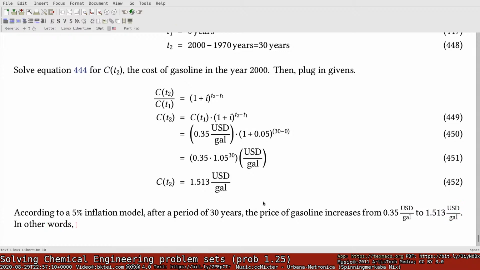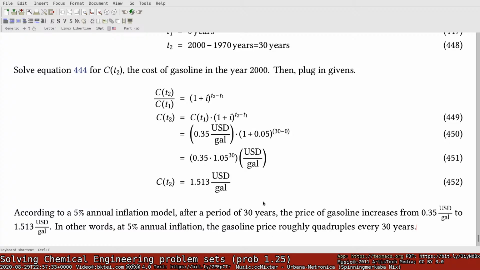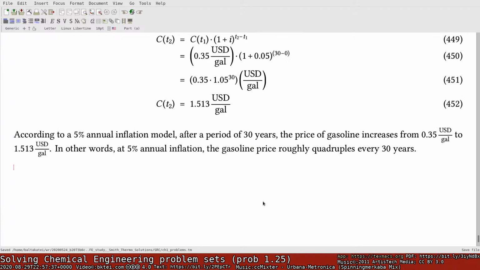In other words, at 5% annual inflation, the gasoline price roughly quadruples every 30 years. Yeah, let's call it good.